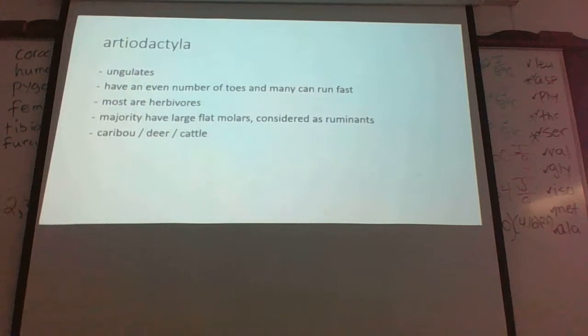Okay, and Artiodactyla. And I really don't know how you want to keep this separate from Perissodactyla. Sometimes I just think of E and A, the first two vowels. So with that, if it's the order Artiodactyla, you speak the letter E, even. And what we mean by that, okay, we know they're an ungulate, they have an even number of toes.